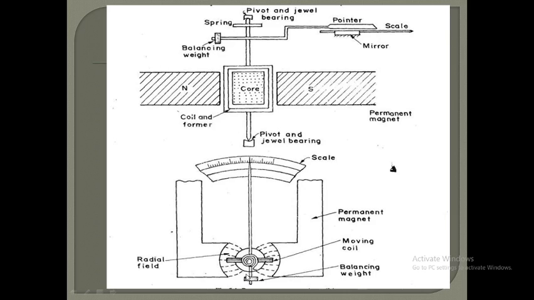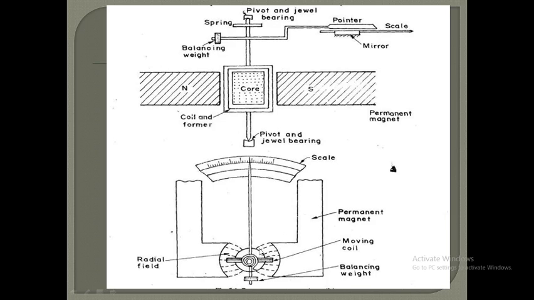In the magnetic field region, a current carrying conductor is kept. When you switch on the supply, the current starts flowing across this conductor, so it becomes a current carrying conductor, and due to this magnet there is a magnetic field there.